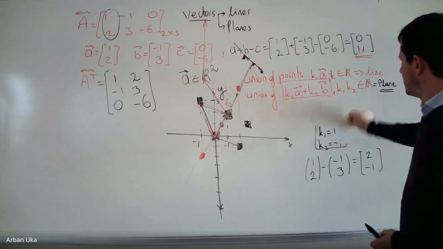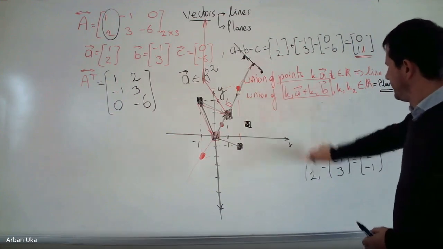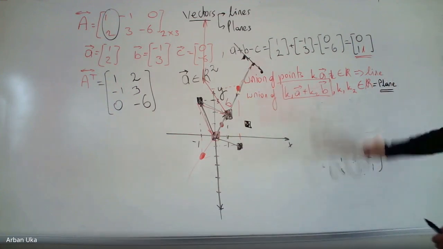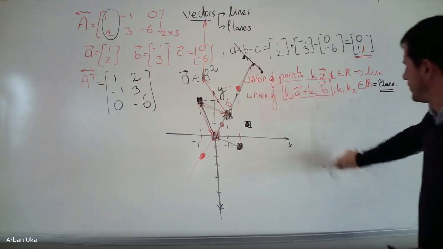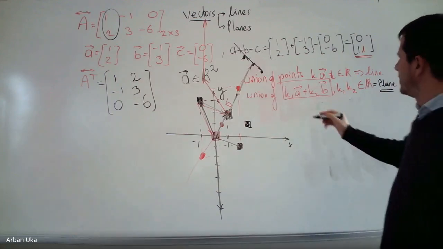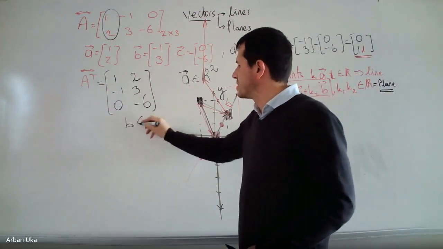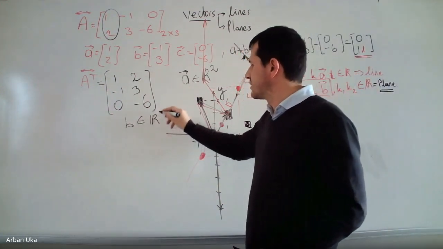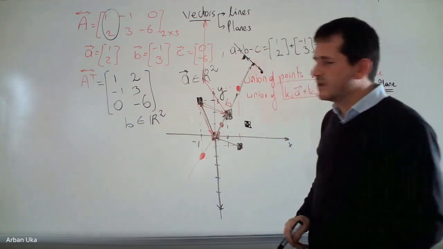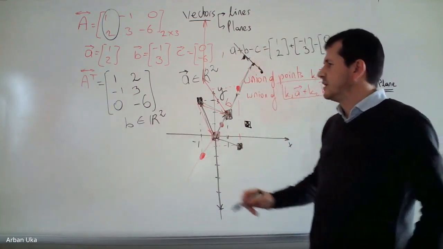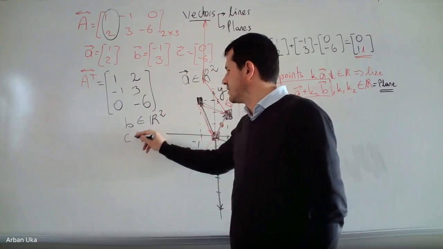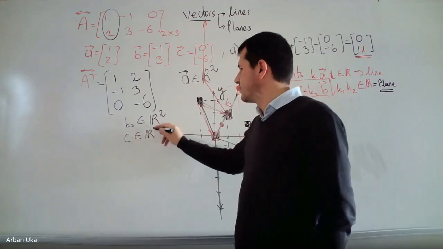Now, this is regarding the linear combination of these values, and we never forget that A and B are also a subset of R squared, because B is composed of a pair of numbers. C is a subset of R squared too.